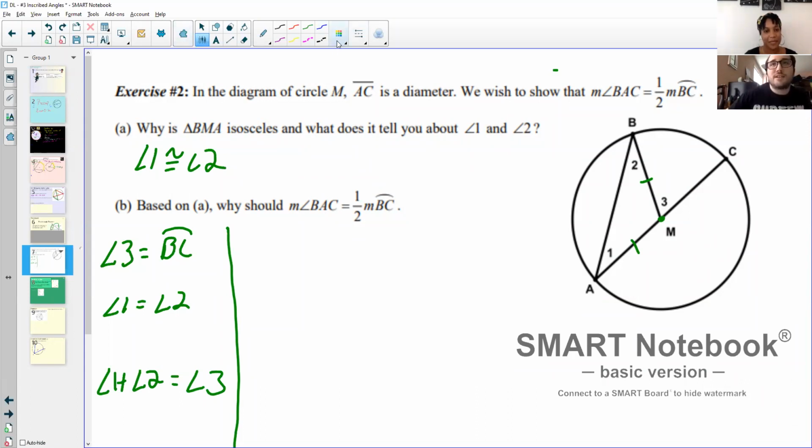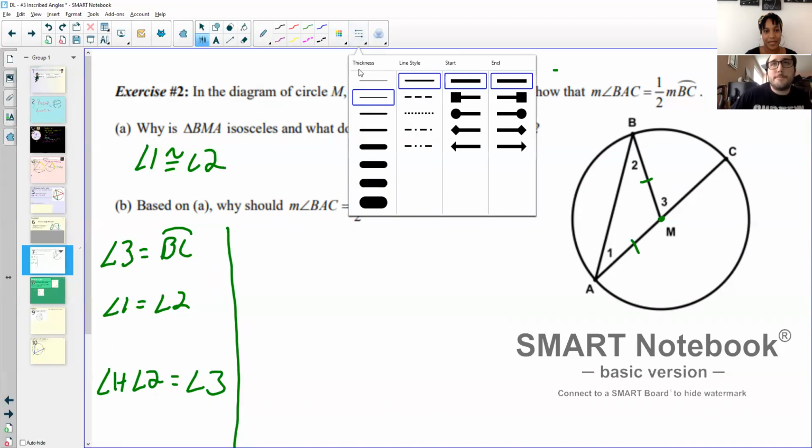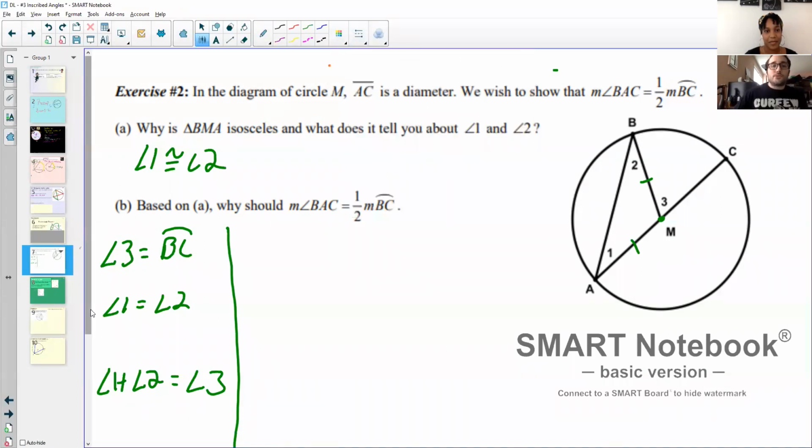Let's choose a different color. Let's do like an orangey type color, because why not? All right. So the first thing that we know for sure is that the measure of angle 1 plus the measure of angle 2 is equal to angle 3. I'm using that fact. If you want to get technical, that's a given.